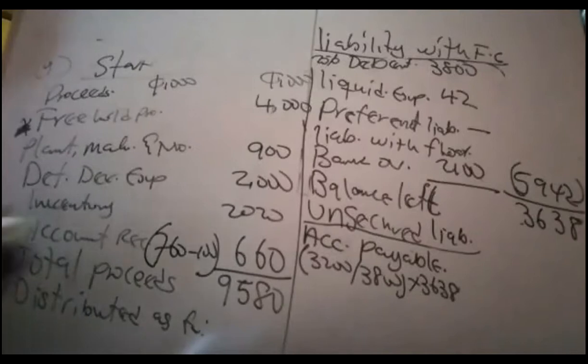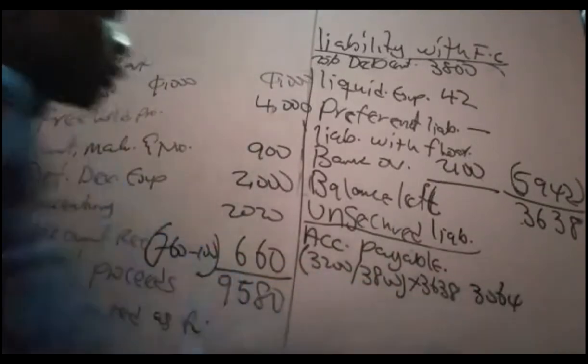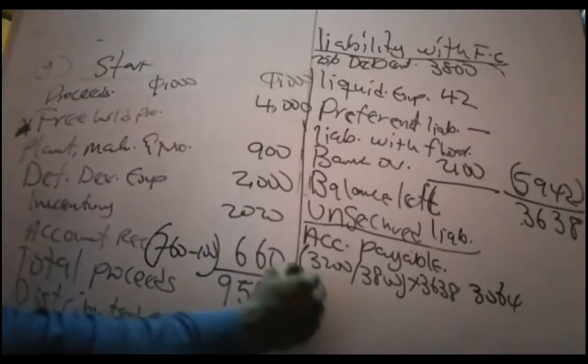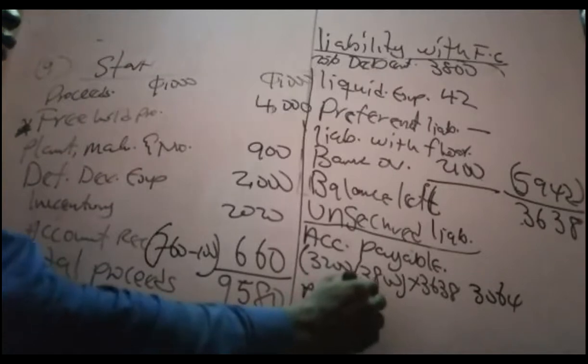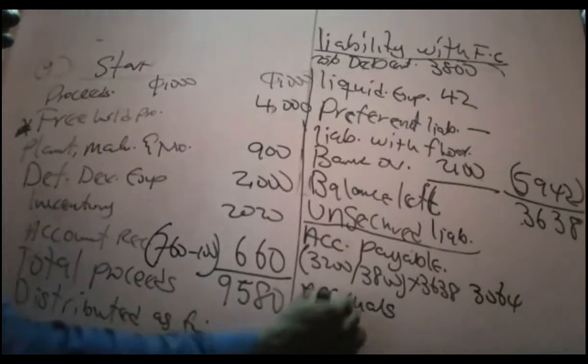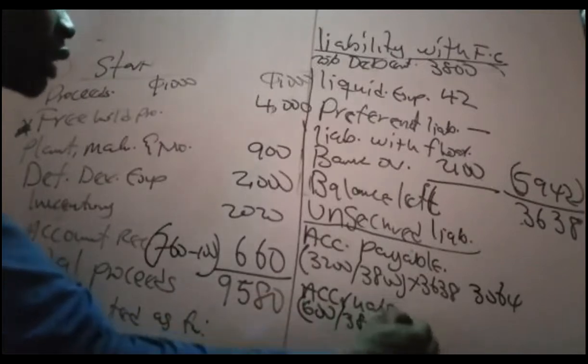So therefore, the account payable, they'll receive what? 3064. Let's go to the accruals. Accruals will receive the remainder. So they will take 600 out of 3,800 times the amount that we are sharing.